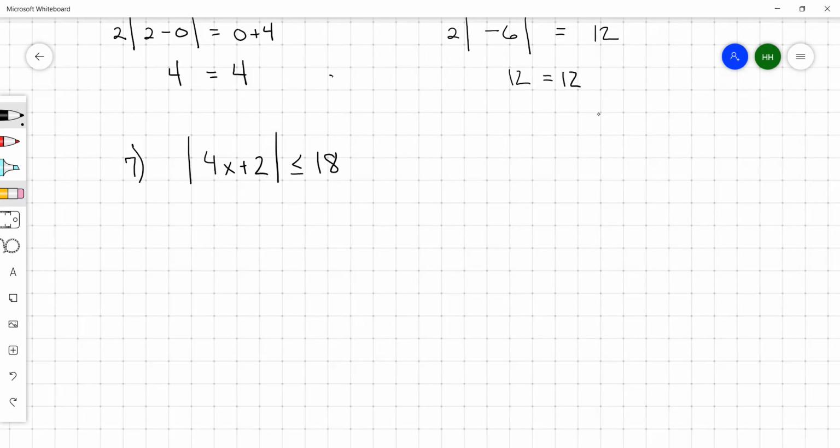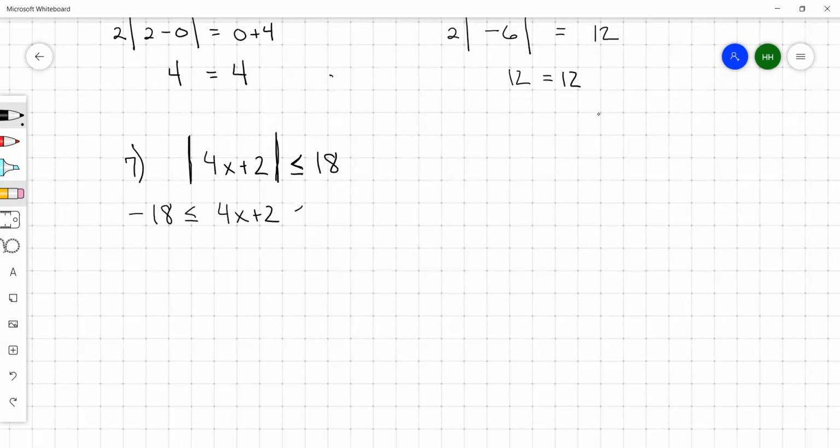Now remember, if you have the absolute value symbol on the left by itself and a less than symbol or a less than or equal to symbol, this was the easier of the two techniques. You rewrite this. You take the opposite of this 18 and you write it right here. You write the symbol right here. You drop down what's inside the absolute value symbol. That's your 4x plus 2.